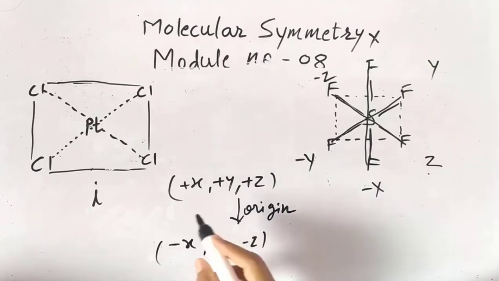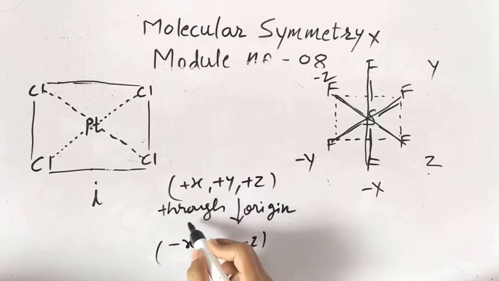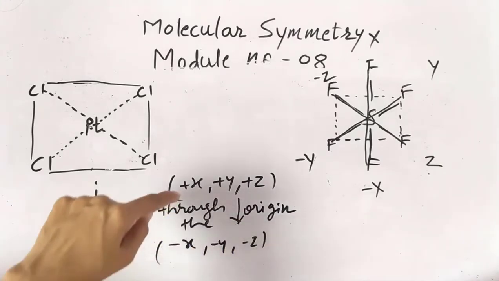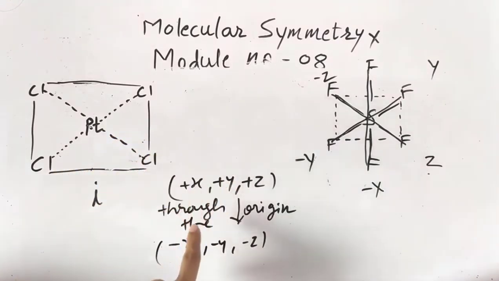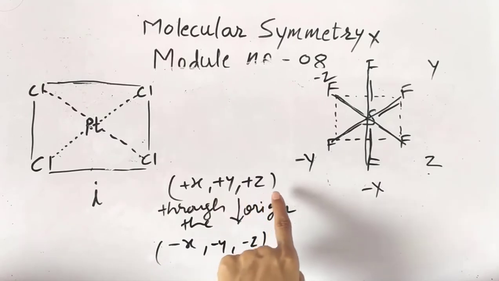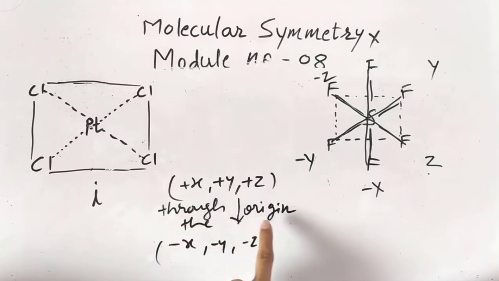It is through the origin. What are we going to do? We are going to change the x coordinate, the y coordinate and the z coordinate through the origin.